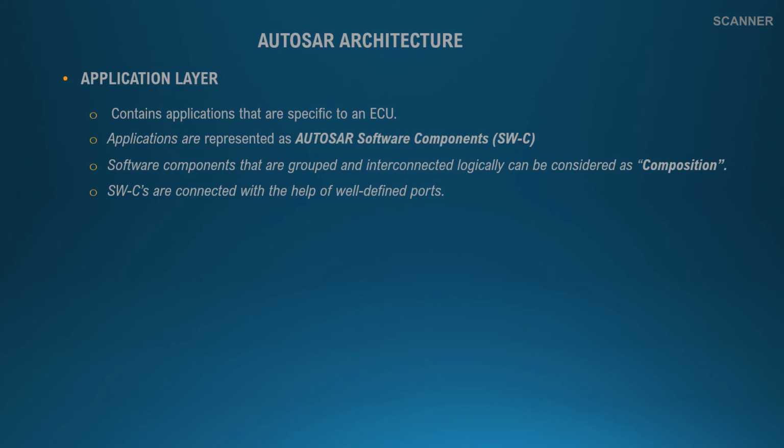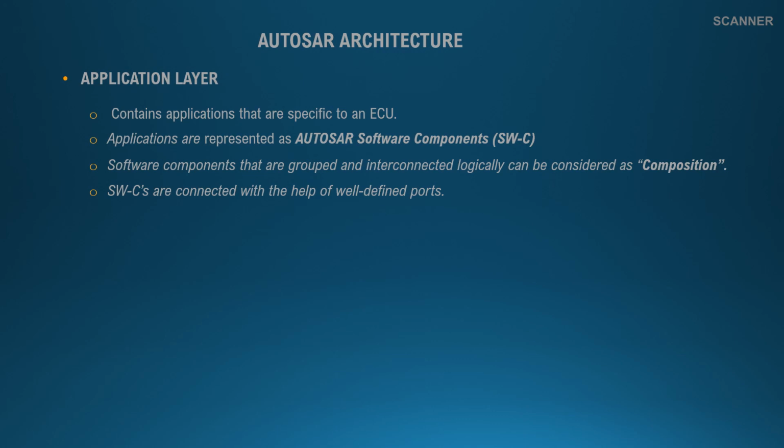As we already said, these software components are connected with the help of well-defined ports. These ports facilitate communication between the software components as well as with the AUTOSAR basic software. To be able to connect ports, the interfaces of the two ports must be compatible. There are two types of interfaces: sender-receiver interfaces and client-server interfaces.